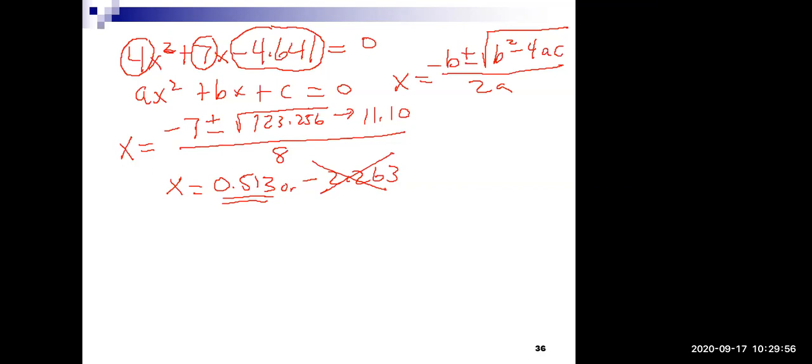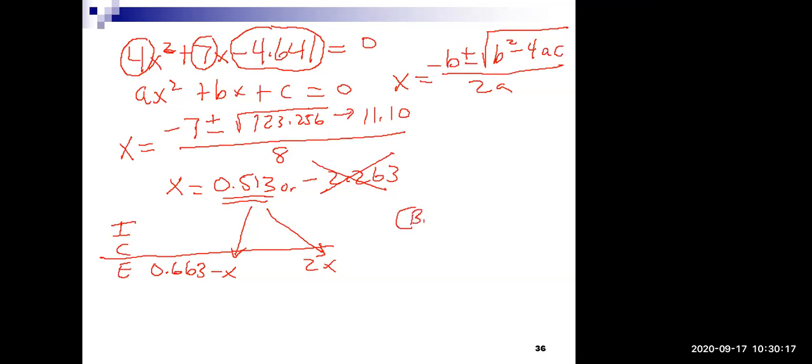And what we want to do is go back to our ICE table, to our equilibrium line, which in this case was 0.663 minus x and 2x. And we want to plug this value into both of those. So for our Br2, that would mean we would have 0.663 minus 0.513, which would give us a value for Br2 at equilibrium.